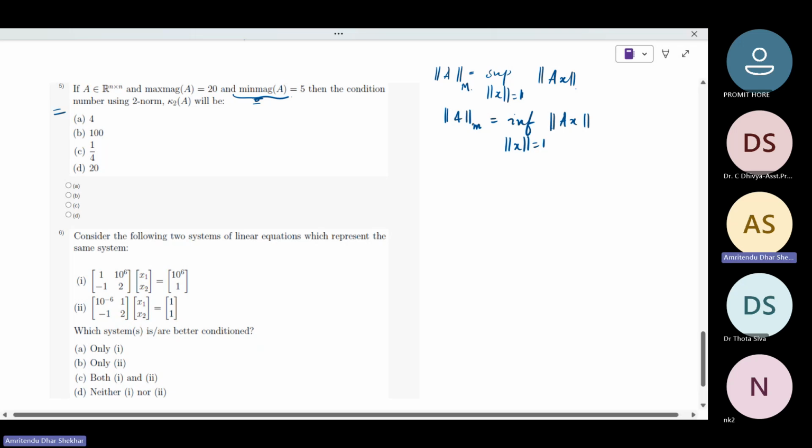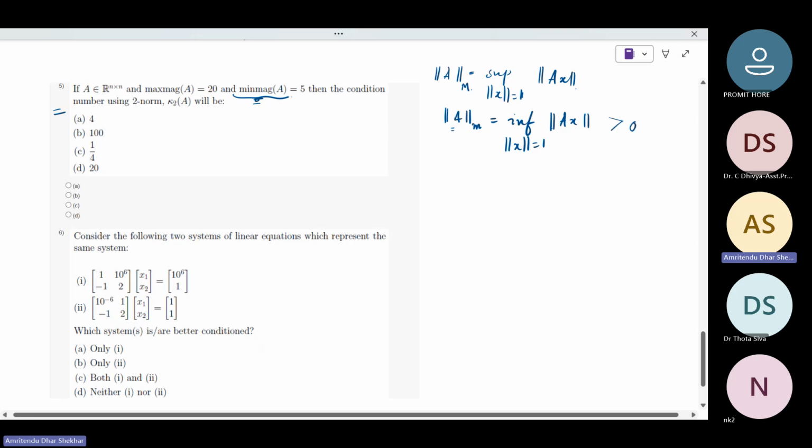right? Now, of course, if A is not an invertible matrix, if A is a singular matrix, then this is going to be zero, obviously, because you will have some element x at which you can drop it to zero. But if it's an invertible matrix, then this is going to be some positive quantity bigger than zero.